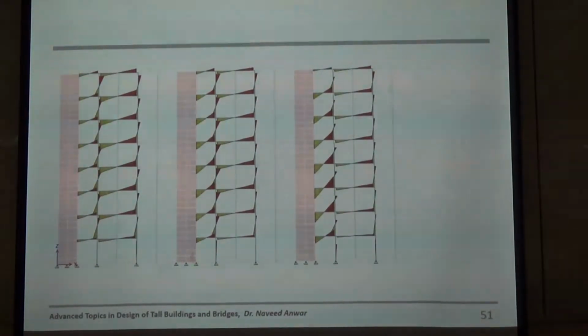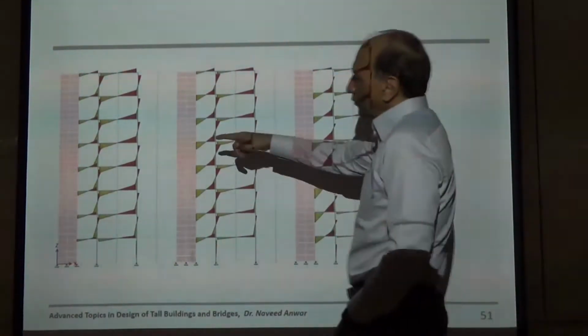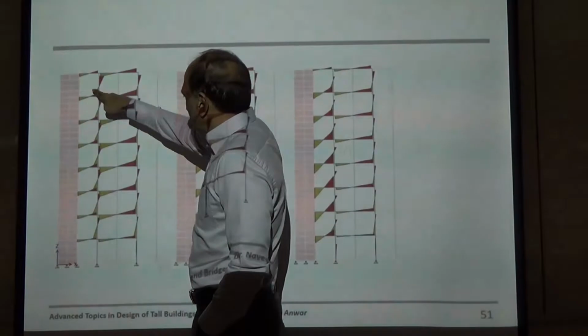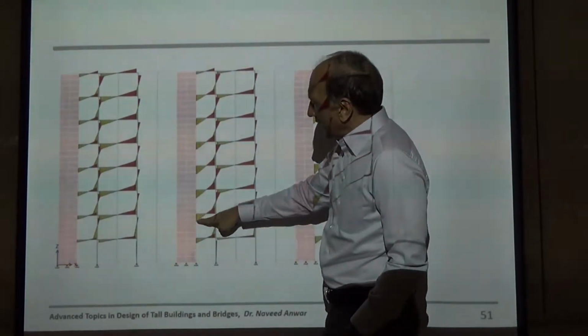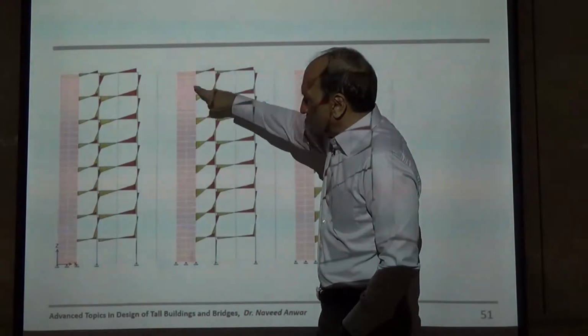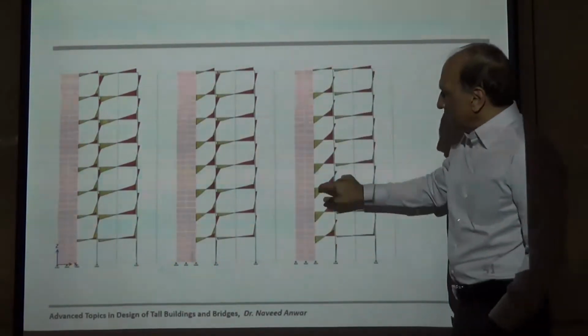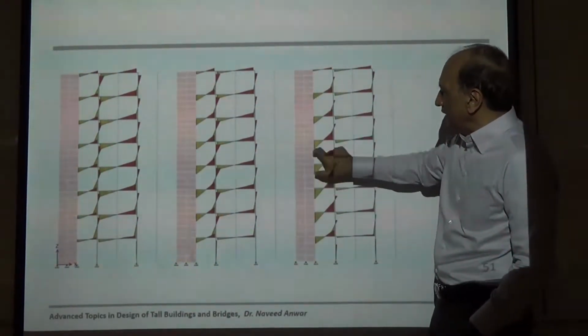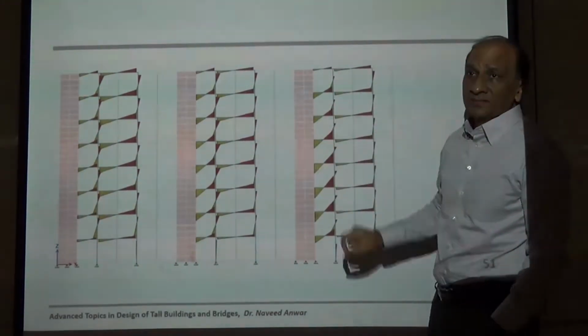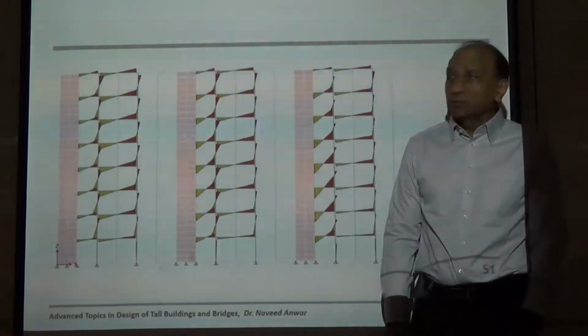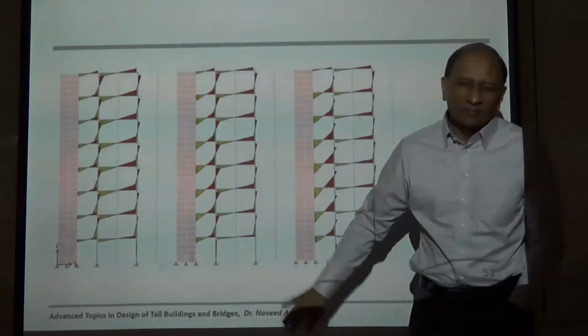So you can see from here the shear force here, here, and here, and also look at the value of shear force changing from top to bottom. So the shear force on this small beam is very large in this case. No, I'm sorry, this is bending moment.